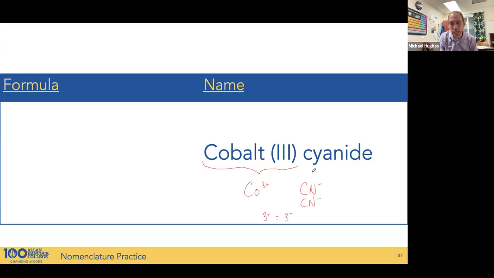And so we're going to need 2 more cyanides, 3 cyanides total to balance out the charge coming from the cobalt 3 plus. And so we'll have our cobalt, we'll need parentheses, CN, and 3 of those cyanides to have cobalt 3 cyanide.